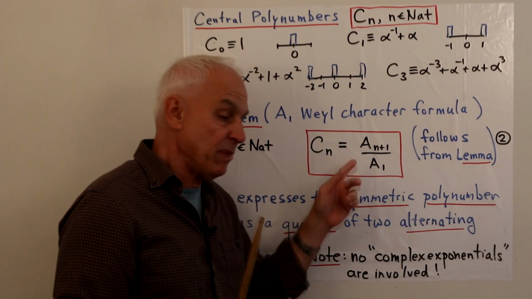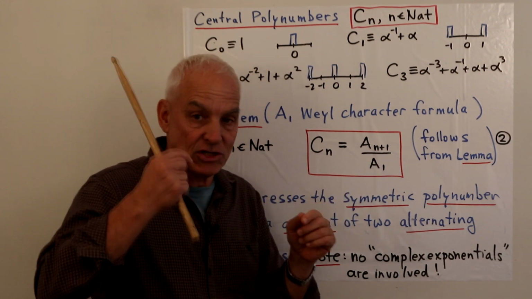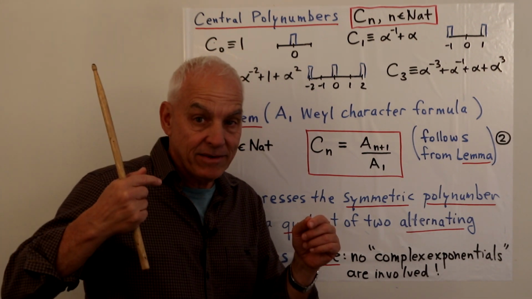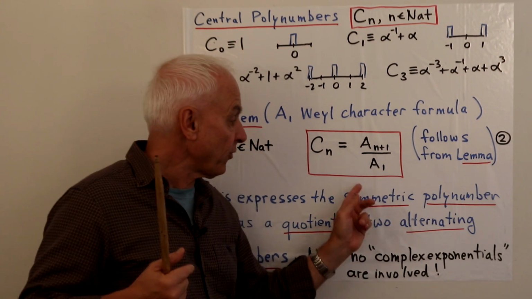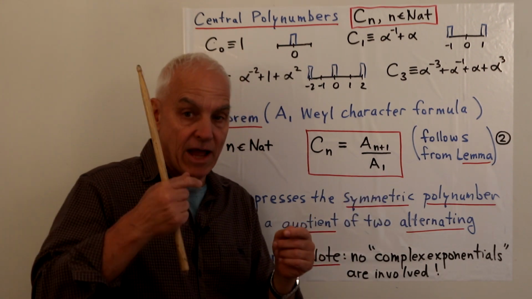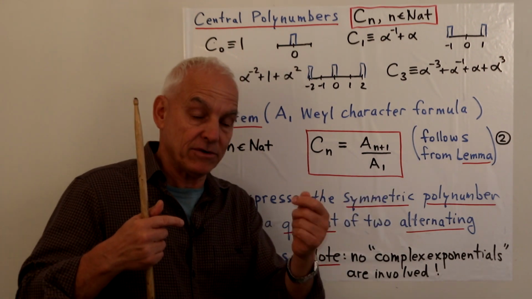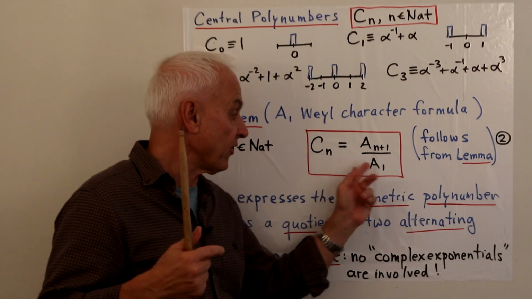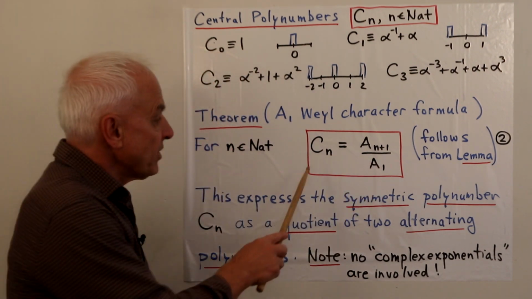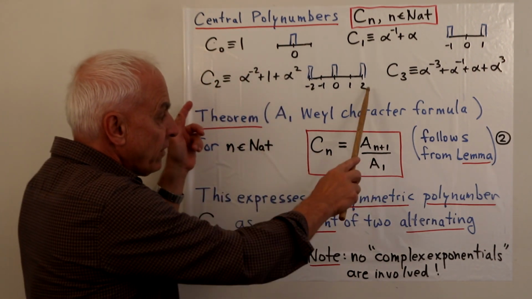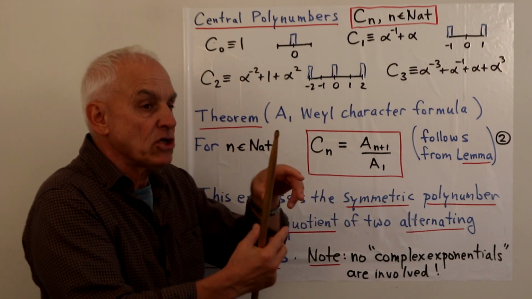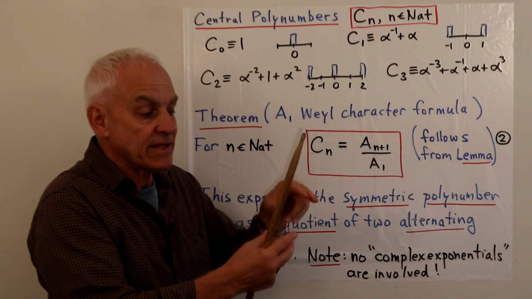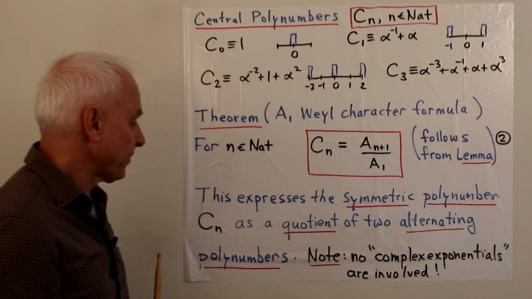So even if n is big, a sub n plus 1 just consists of an alpha to the minus n and an alpha to the n with a minus sign and a plus sign. While this one here also just consists of two terms, an alpha to the minus 1 and an alpha to the 1, again with a minus and a plus sign. So this thing here can have actually quite a lot of terms, but we're expressing it as the quotient of two alternating things, each of which is very simple in the sense of only having two terms.